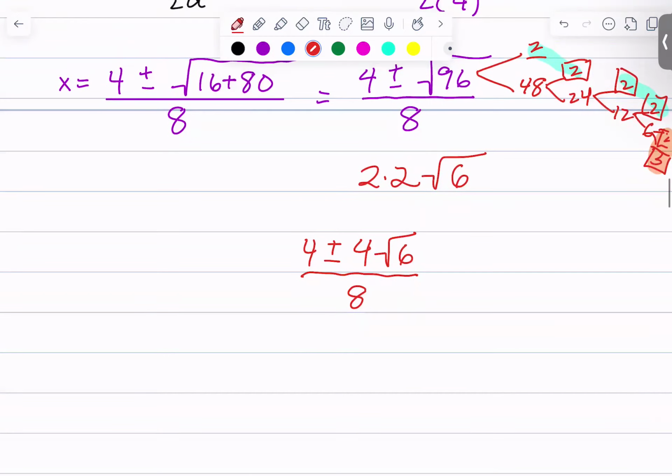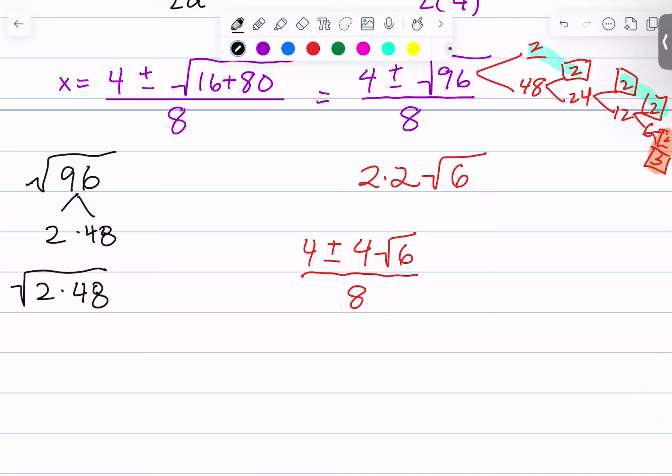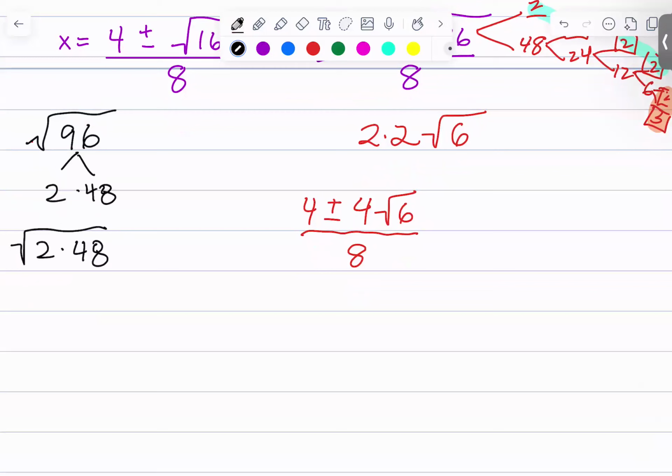So the square root of 96. If we break that number 96 down, let's go 2 times 48. That means this can be broken down to 2 times 48. And I'm going to do this until I get all prime numbers, which we did up here.